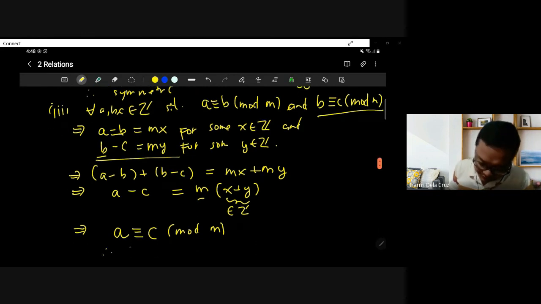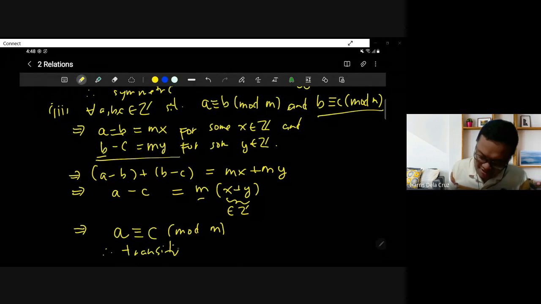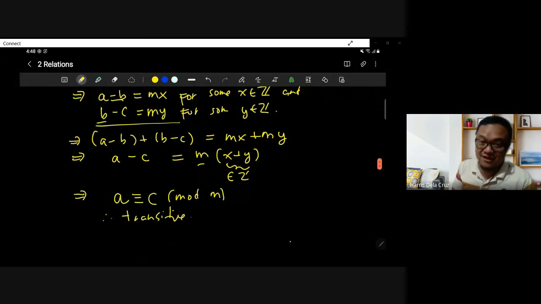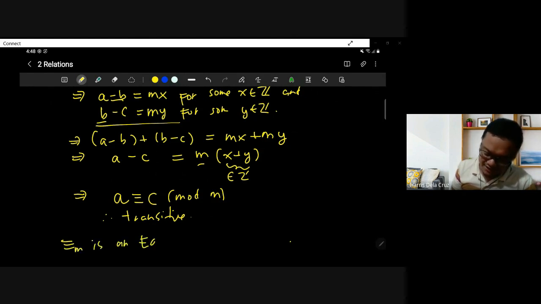Therefore, transitive. Yay! This is the first relation that we've shown. It's reflexive, it's symmetric, and it's transitive. Hence, the relation modulo M is an equivalence relation.